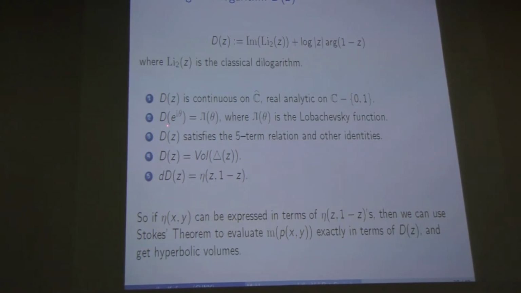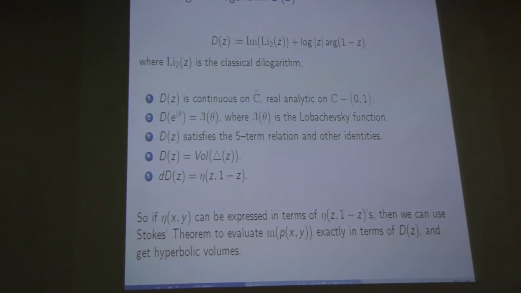The important point is that on the unit circle, it's given by the values of the Lobachevsky function. It satisfies the 5-term relations, and therefore D of z is the volume of the hyperbolic tetrahedron with shape parameter z. And the derivative of this Bloch-Wigner dilogarithm is eta of z, 1 minus z.